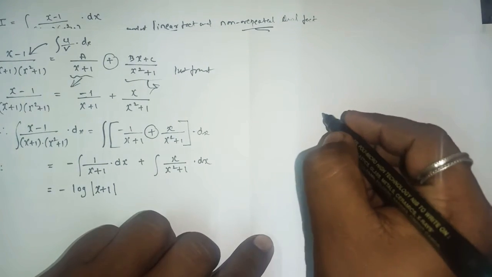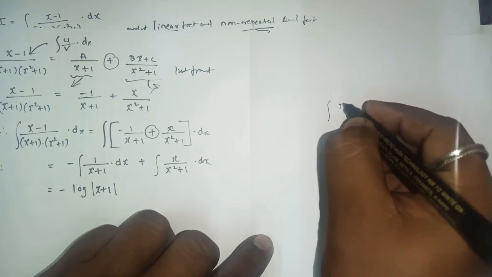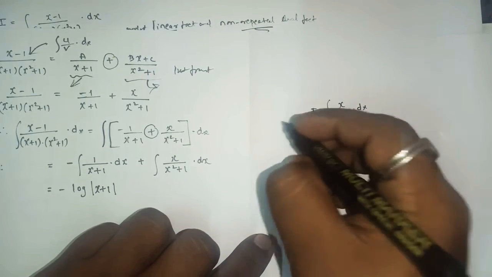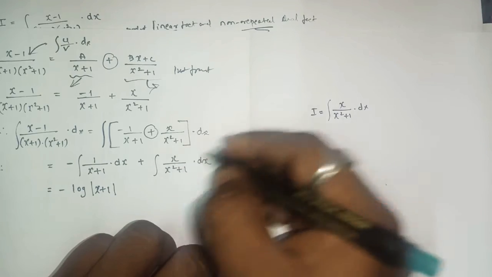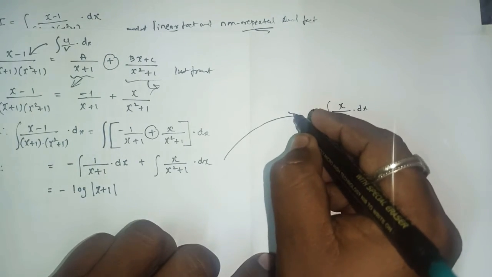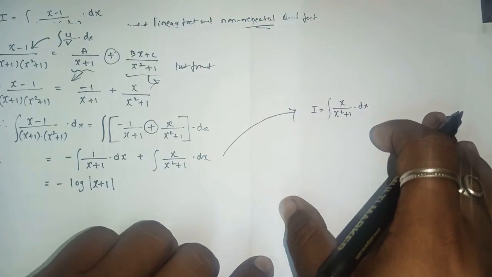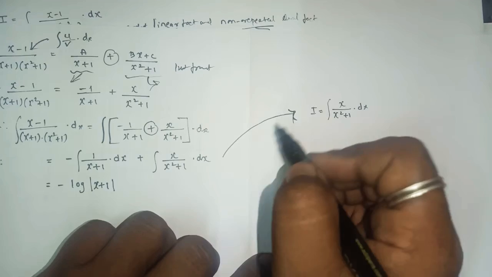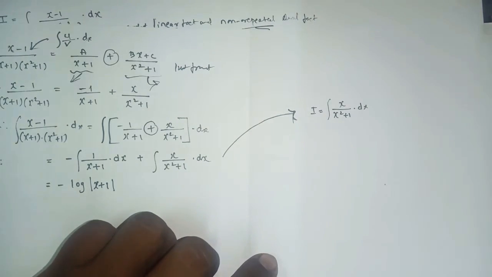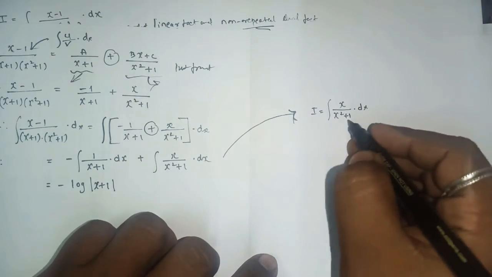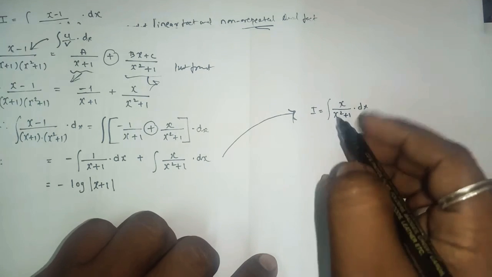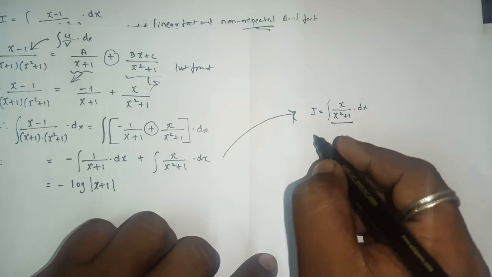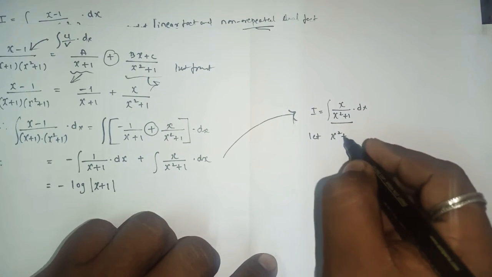So this section, x upon x square plus 1 into dx, I am taking this part separately just to explain the concept, so you will be clear how to solve this part. Here we have the integral of x upon x square plus 1. There are two different methods. The first method is what? Let x square plus 1 equal to t.